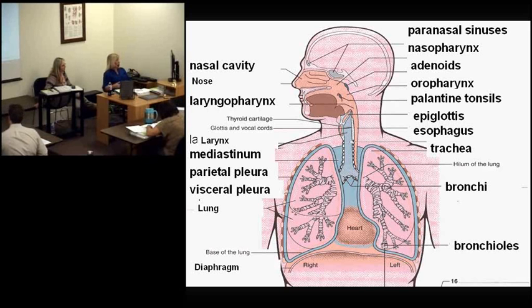You should know where the trachea is, where the laryngopharynx is, where the mediastinum is, and take a look at the lining of the lungs, which is called pleura. And we've got the parietal pleura and the visceral pleura.